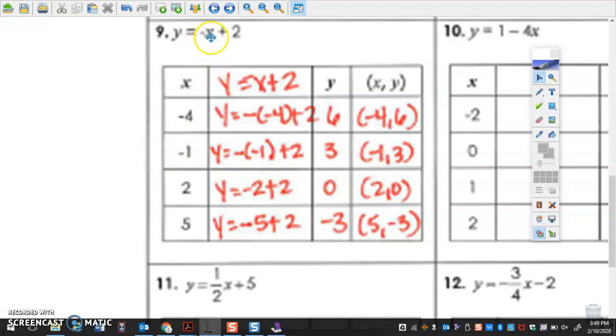The negative there, and then the -1 for the x makes that a +1, and 1 plus 2 is 3. And our second ordered pair is -1, 3. This doesn't have a negative in front of the 2. So that negative there is a negative, and then the 2, so -2 plus 2 is 0, 2 comma 0. And then our last point for the 5 is -5 plus 2, which is -3, 5 comma -3.